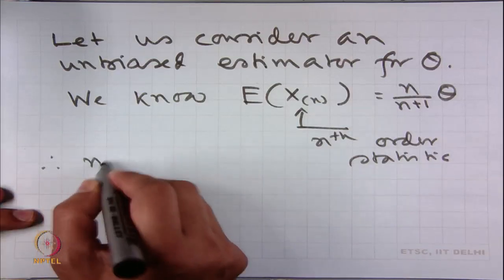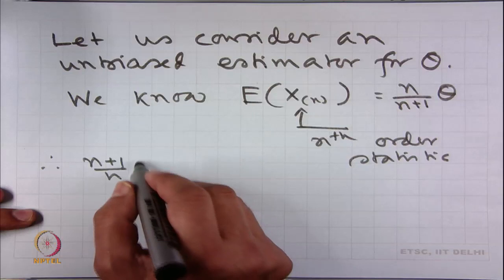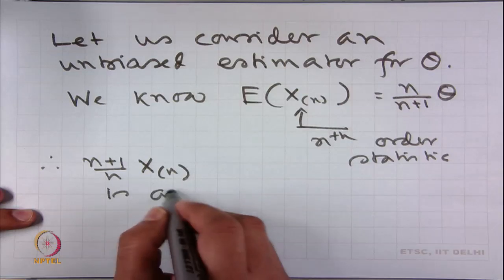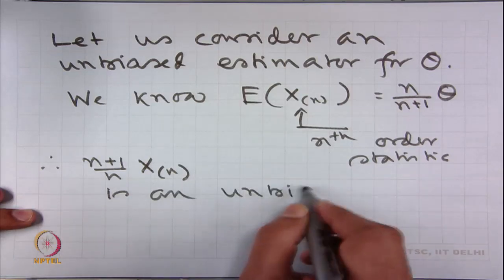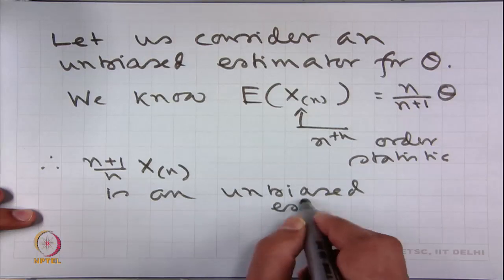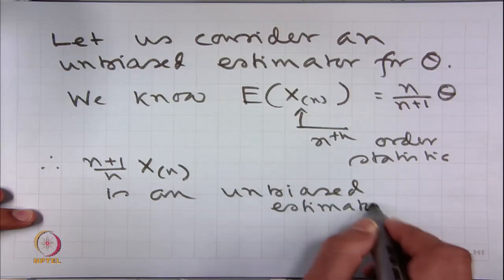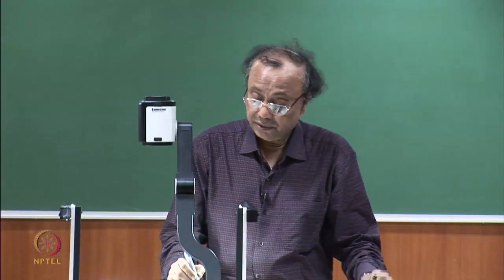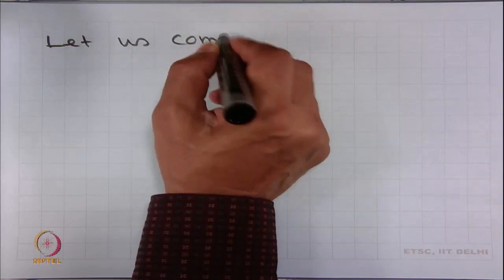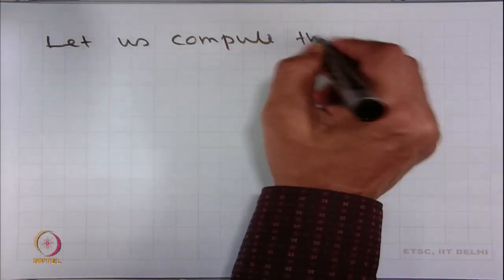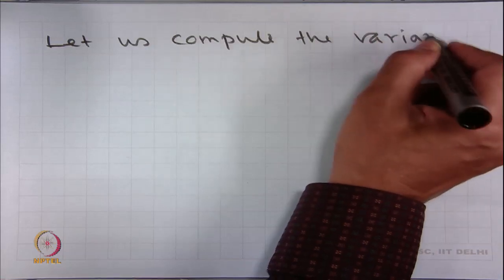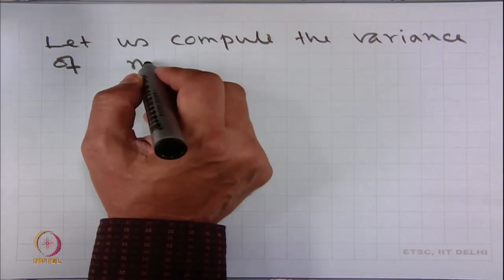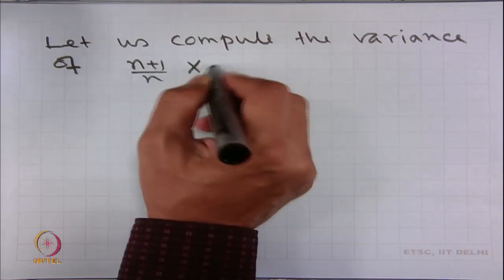Therefore, n plus 1 upon n x n is an unbiased estimator for theta. Let us compute the variance of n plus 1 upon n x n.